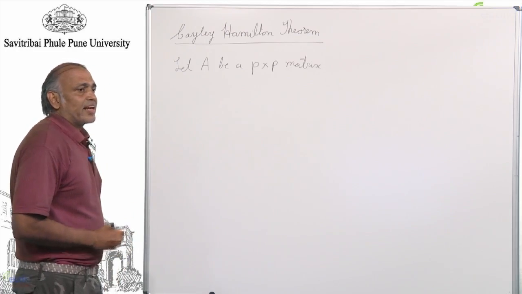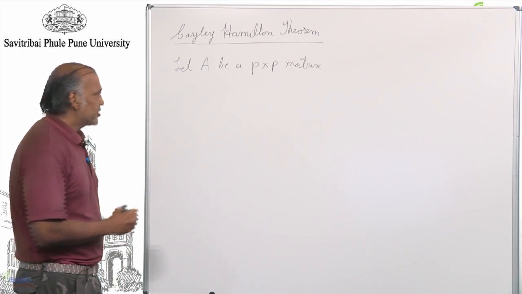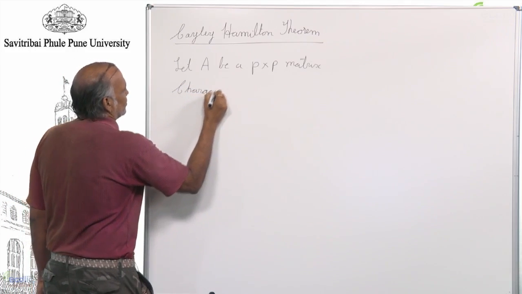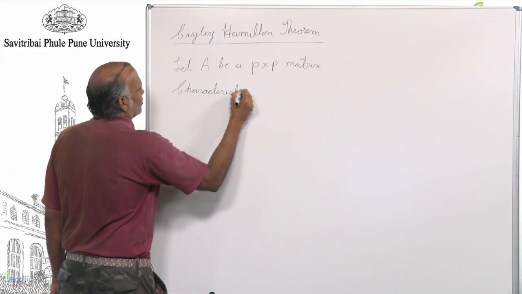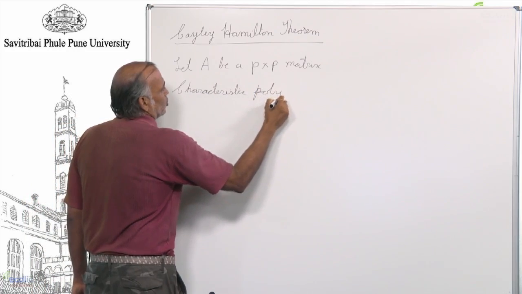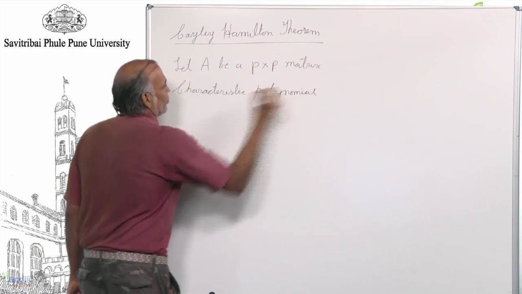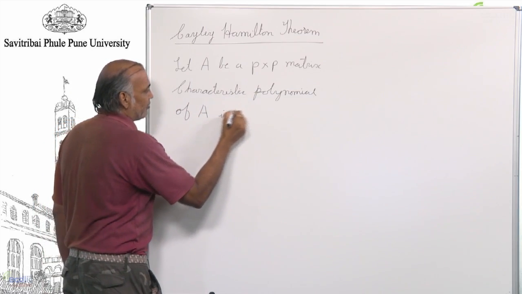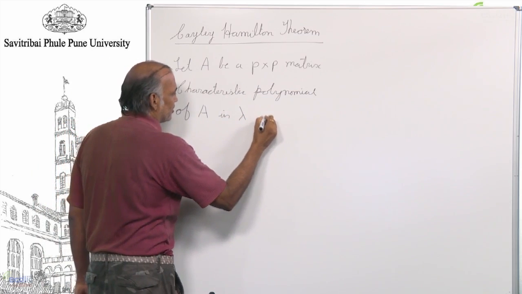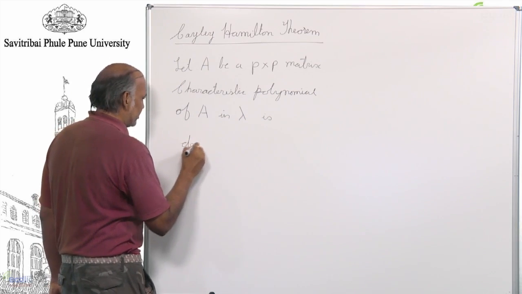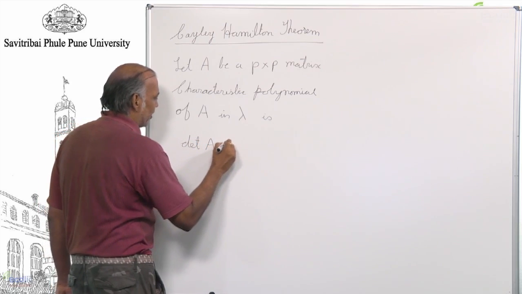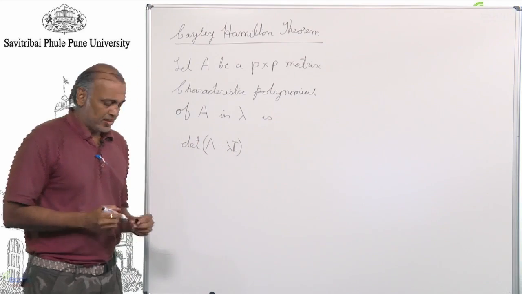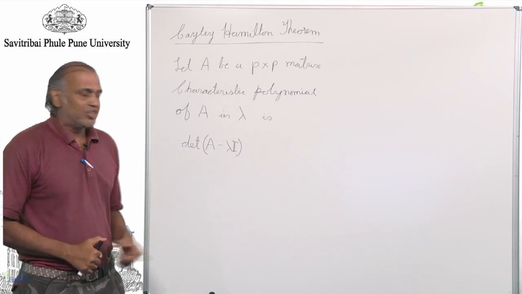We know that the characteristic polynomial of such a matrix A in the variable lambda is given by determinant of A minus lambda times identity, where I is the P by P identity which will be used in this case.